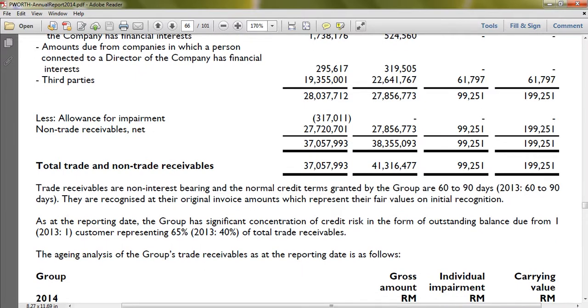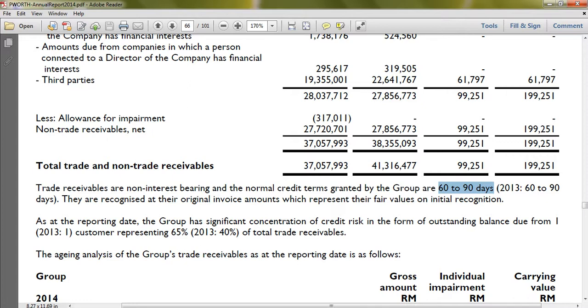Non-interest bearing, and the normal credit terms offered by the group are 60 to 90 days. So this means, let's say you are a coffee shop owner. You make coffee for me, and the coffee is in my hand, and I'm owing you $10, but I haven't paid you yet.